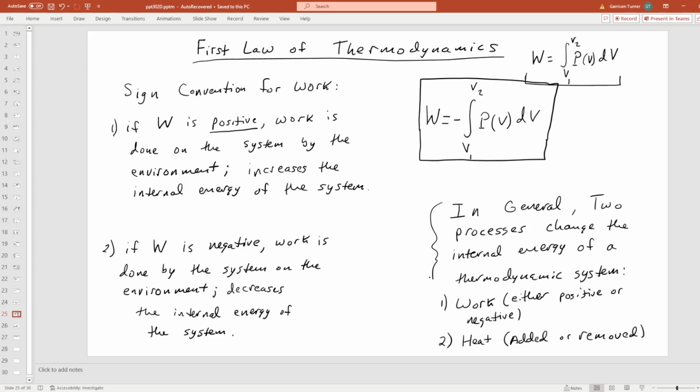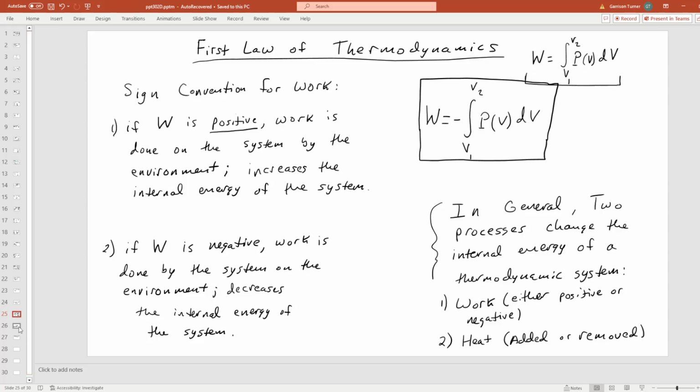You can think of putting something on the stove if you have a thermally conducting boundary, or you can put it, say, in the freezer. In both of those cases, you will either be adding heat to the system or taking heat out of the system. So these are the two processes by which the internal energy of a thermodynamic system can change.